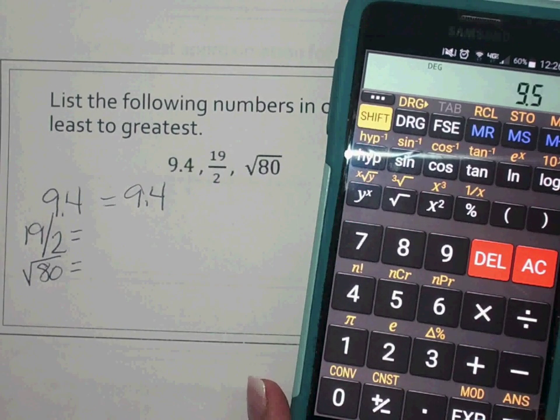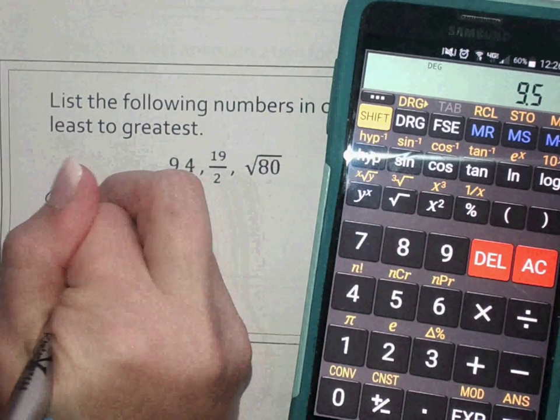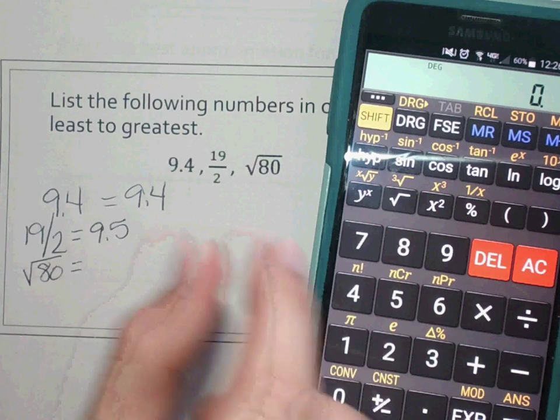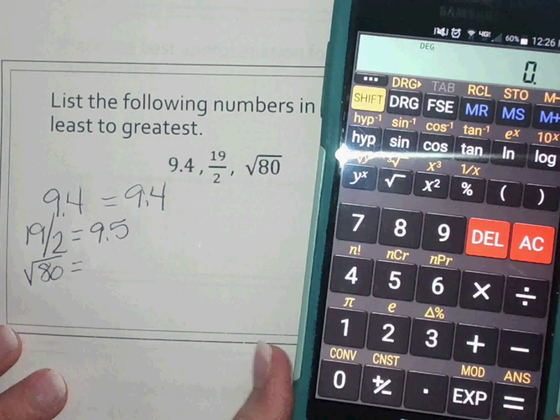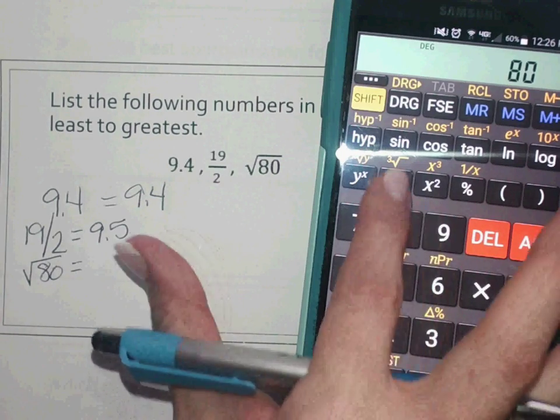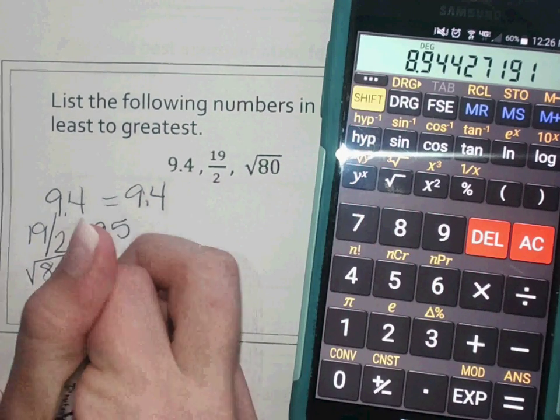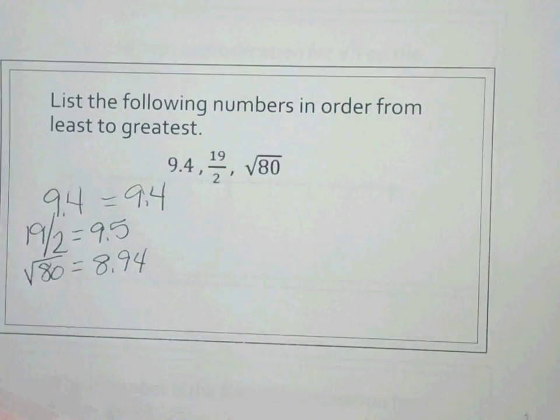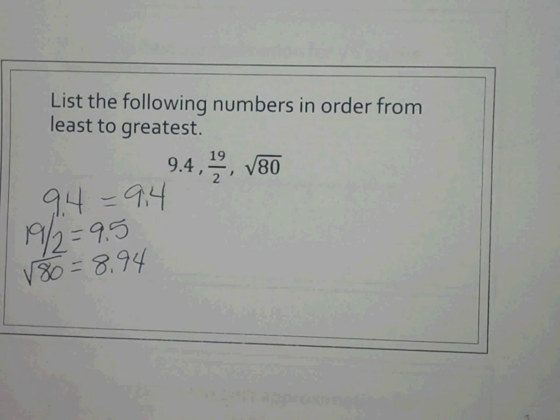So I typed in 19 divided by 2, and I do get 9.5. And then I'm going to do the square root of 80. So I'm going to do 80 on my calculator and then the square root. So I get 8.94.